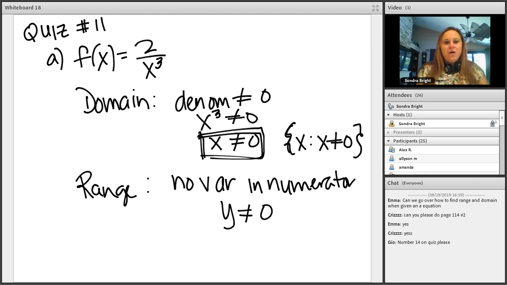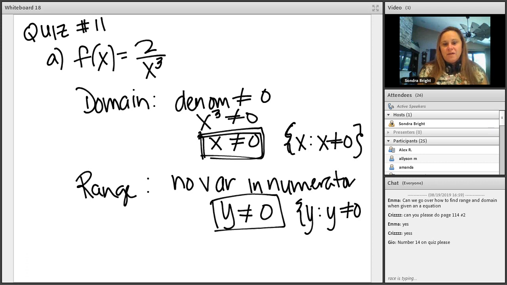We can have all kinds of y values, negative, positive, and all of that. And so it's y can't equal 0. Technically, it's the set of all y values such that y cannot equal 0. Again, if you're my student, you can just do it like this. Hopefully, if you have Dunkel or Barker or Fox, they told you how they wanted your answers.